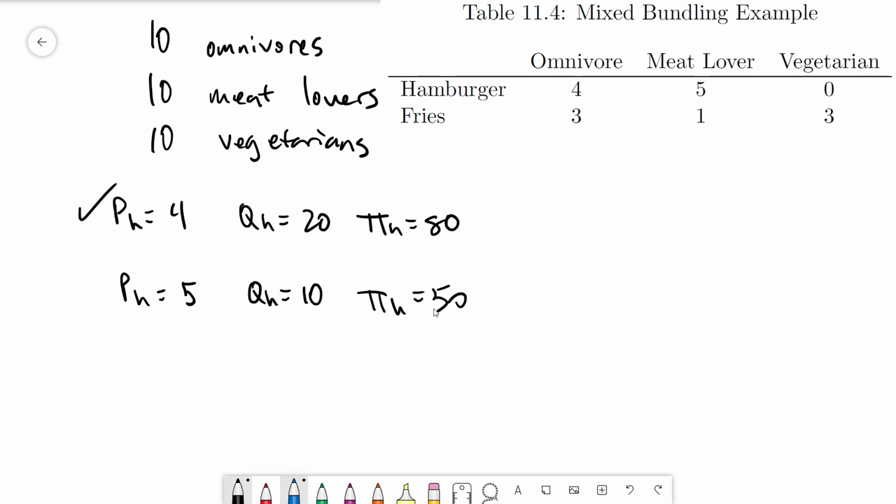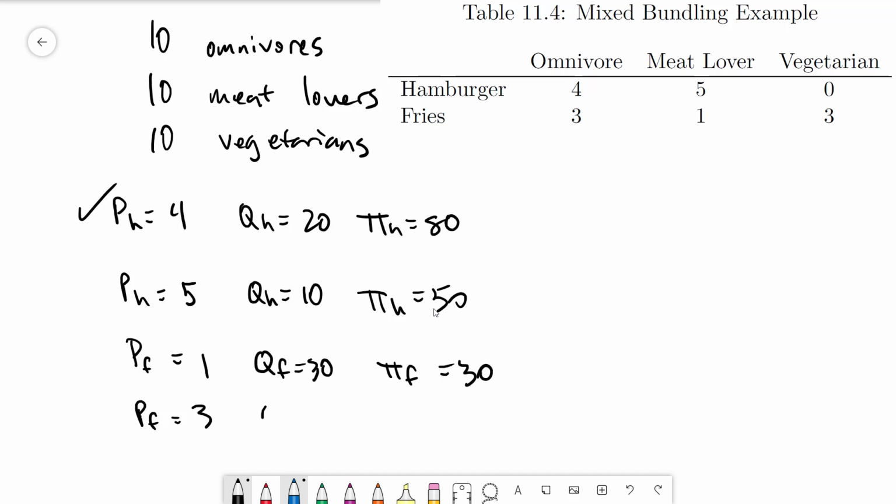For the fries, we also have 2 options. One, to sell to all 3 groups at a price of 1, or we could raise the price to 3 and forget about the meat lovers, selling to just the vegetarians and the omnivores. If the price is 1, we have a quantity of 30 for a profit of 30.